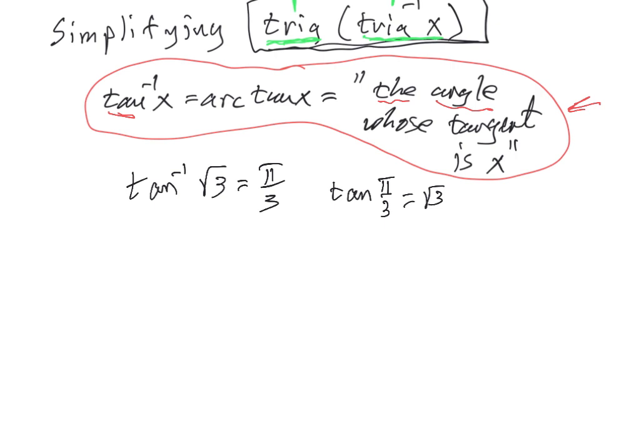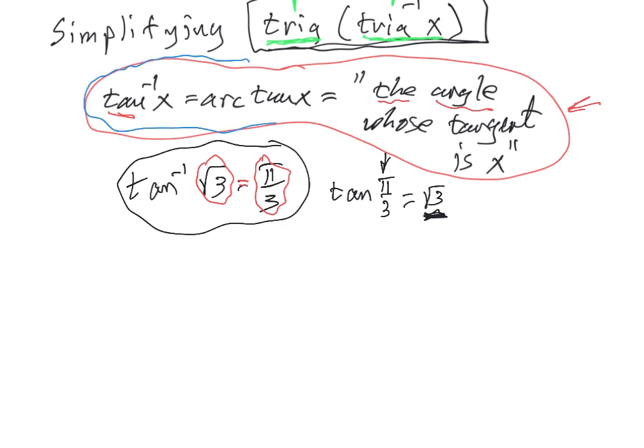It makes it easy to figure out the trig functions. For 60 degrees, pi over 3 radians, the tangent is square root 3. And notice, this trig function is equal to the angle whose tangent is the square root of 3. I'll emphasize it again: think of inverse trig functions like this, and all the mystery goes away.